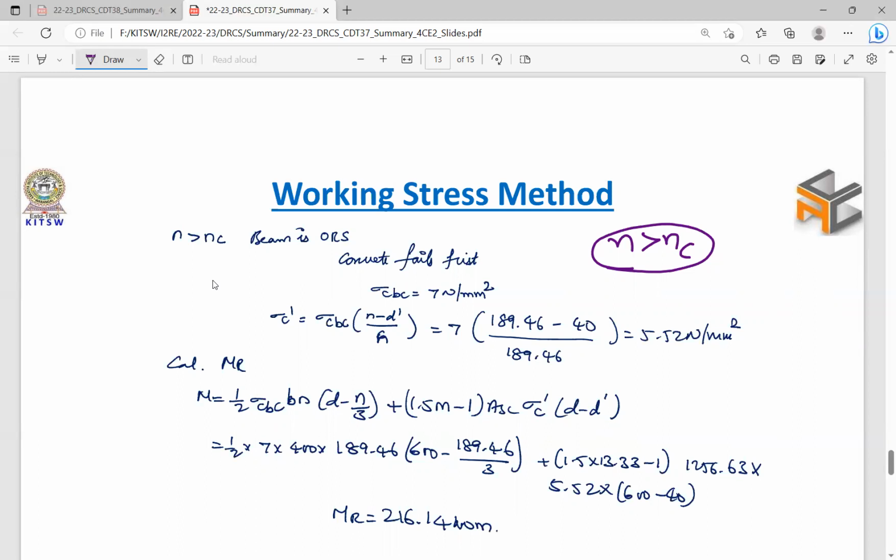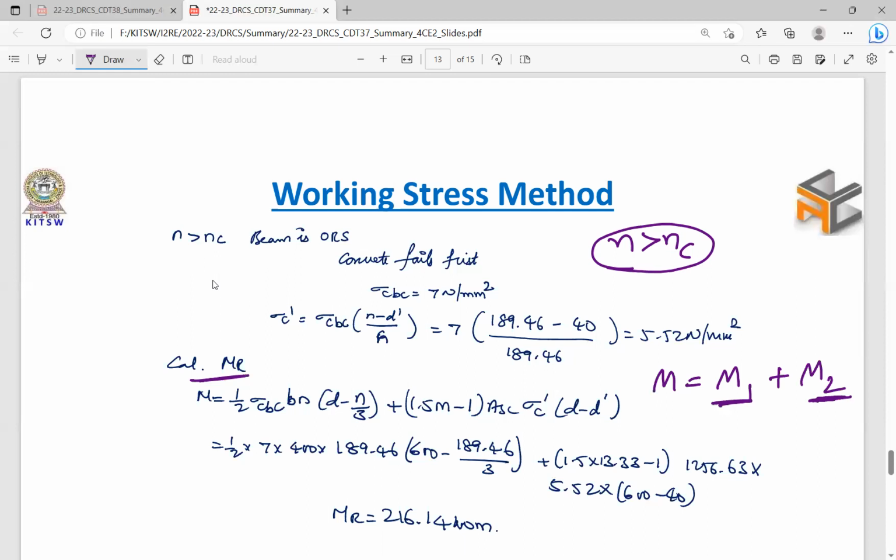First of all, for the calculation of moment of resistance of concrete, we have a formula. Moment of resistance M is equal to the moment of resistance due to concrete portion in compression and the moment of resistance due to equivalent steel provided in compression zone, M2 because of compression steel.